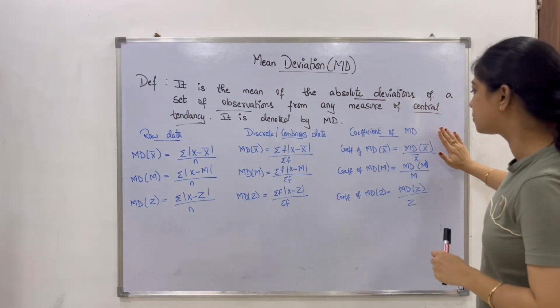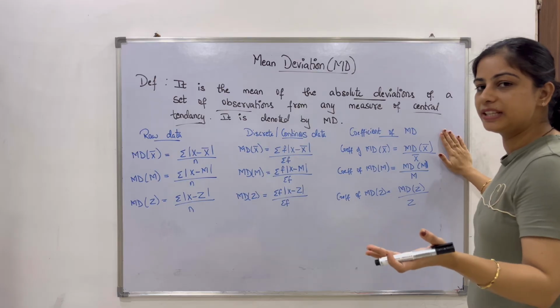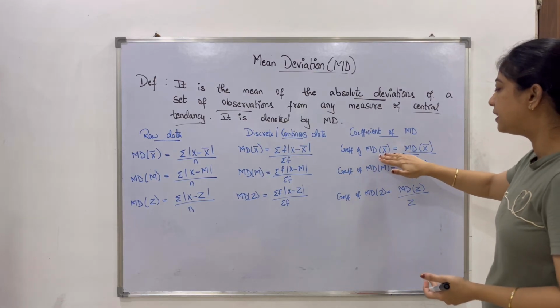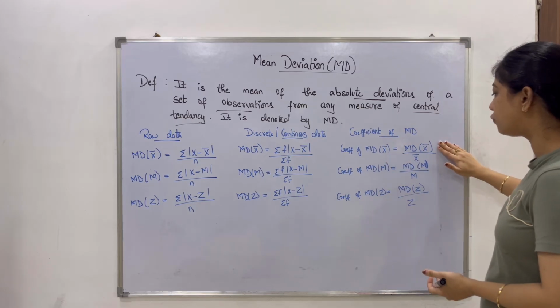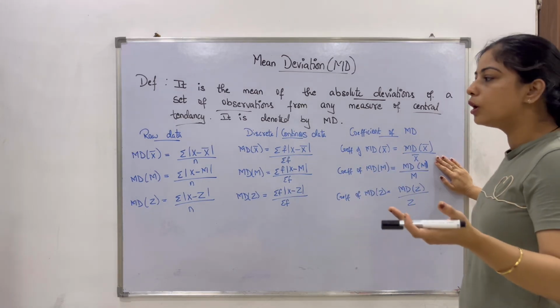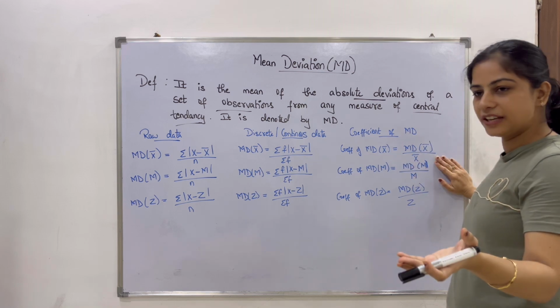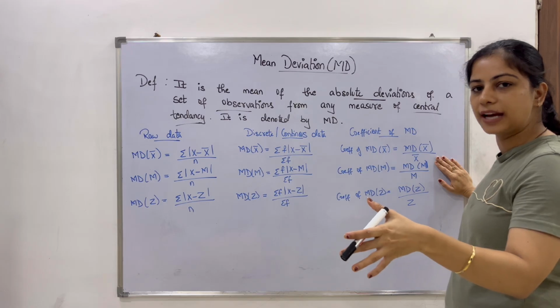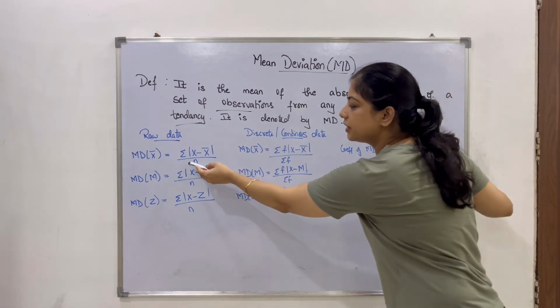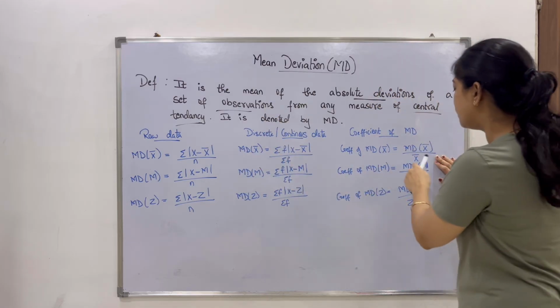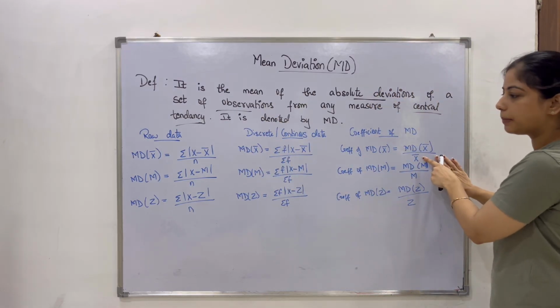Now coming to the last one, what are the coefficients of mean deviation? These are your relative measures. Coefficient of mean deviation from mean will be mean deviation from mean divided by mean. In case they ask you to calculate your mean deviation from mean, median, mode, and also find the coefficient of that, once you calculate your mean deviation, for your raw data, discrete or continuous, you can take the same value and substitute it here and divide it by the mean.